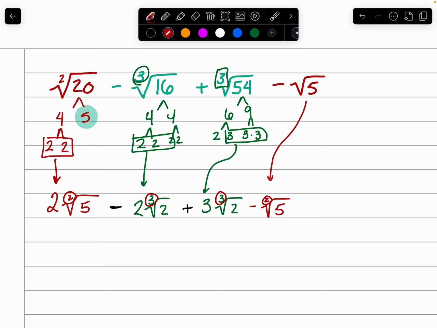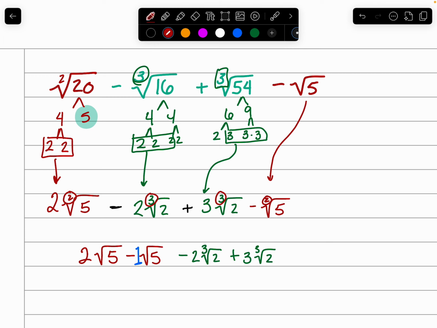So now let's combine like radicals. So we just rewrite it so that they are next to each other. 2 square root of 5 minus square root of 5. This is -2 cube root of 2 plus 3 cube root of 2. Remember, there's a 1 in front if there's no number.